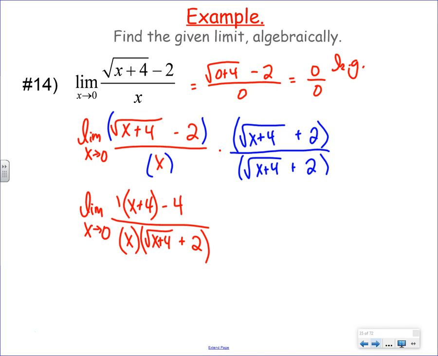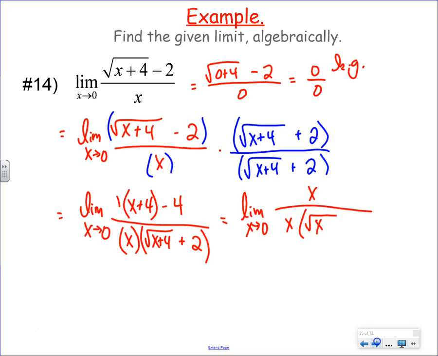This denominator, it's 0. That's a problem, but it's also 0 on top, so I'm hoping I can cancel, which I can do with polynomials. I can do it after I multiply by the conjugate eventually with radicals. I just need to leave the x there for a little bit longer and see what happens. And what does happen? What's plus 4 minus 4? 0. So don't you end up with x over x?